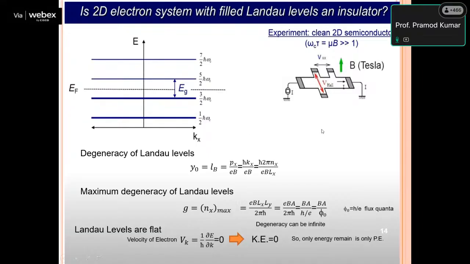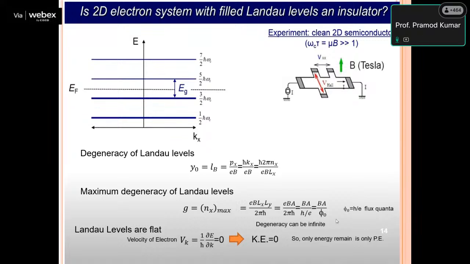That maximum length, say L_y, then the degeneracy equals eB L_x L_y / (2πħ). If you rearrange that, L_x L_y is the area of the sample, so it is eBA / (2πħ), or BA / (h/e). Here h/e is a constant, the flux quantum, which flows through the material.